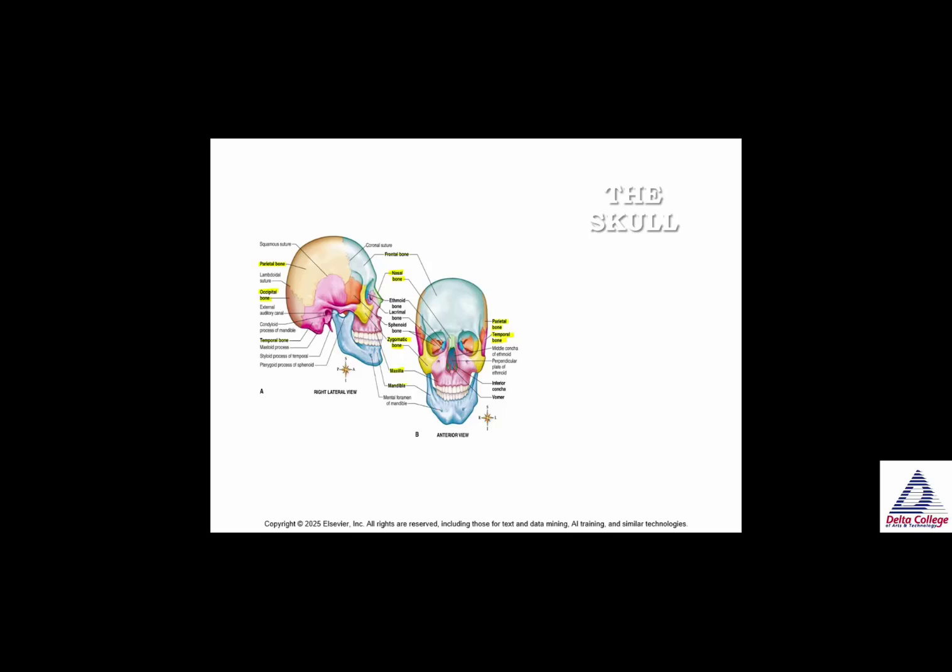The blue at the bottom is your mandible or your jawbone. Then if you see on the side where your ears would be, that darker pink, that's your temporal bone. If you go from your ears directly up at a little angle, that is your parietal bone. And then the very back at the base of your skull is your occipital bone.